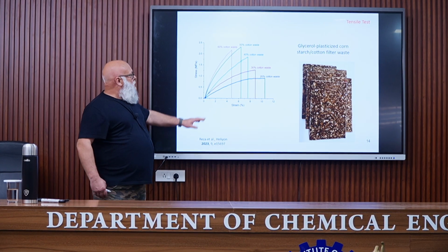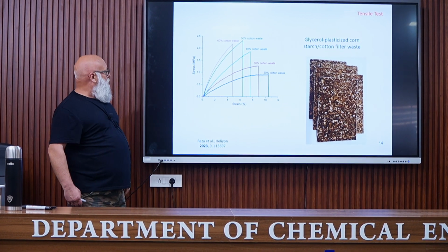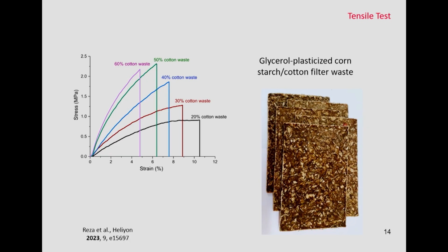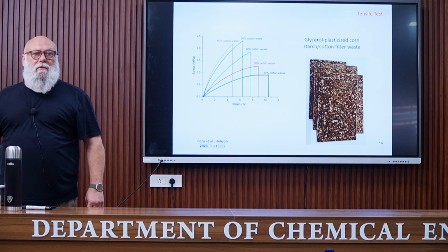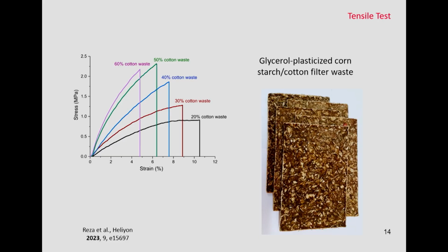Usually, but not always, it depends, the strength, the stress at break, can increase, and usually the area under the curve decreases, meaning that for composites, the breaking energy decreases.